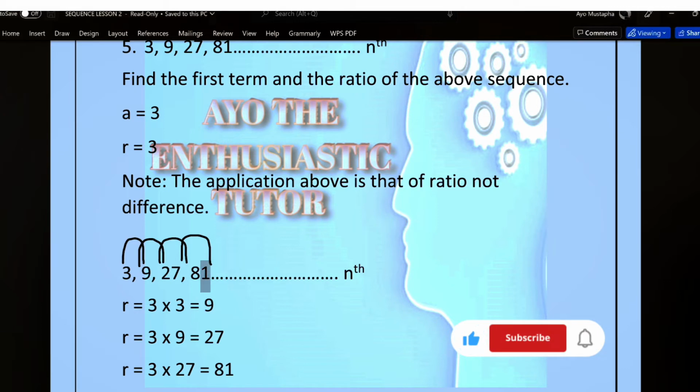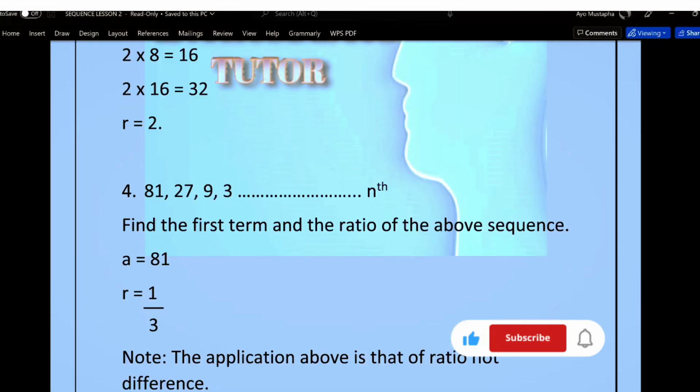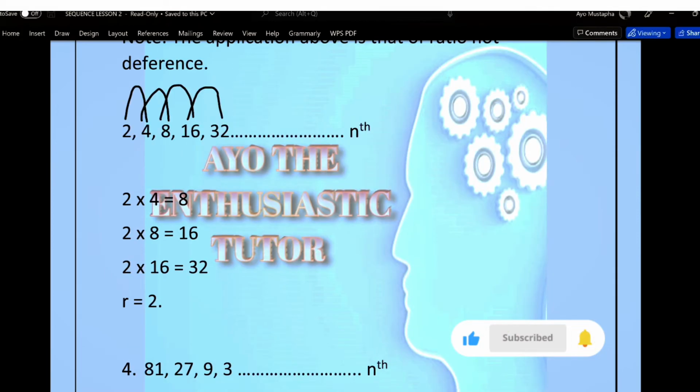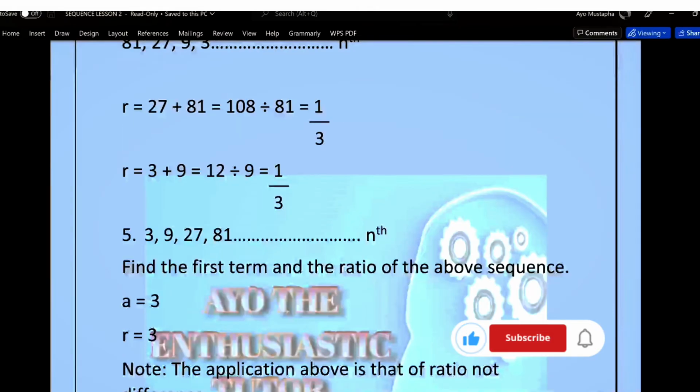This is applicable to this other illustration where we had to brainstorm and think of a number that we can use to multiply our term that gives us the next term in line. So the same thing is also applicable here.